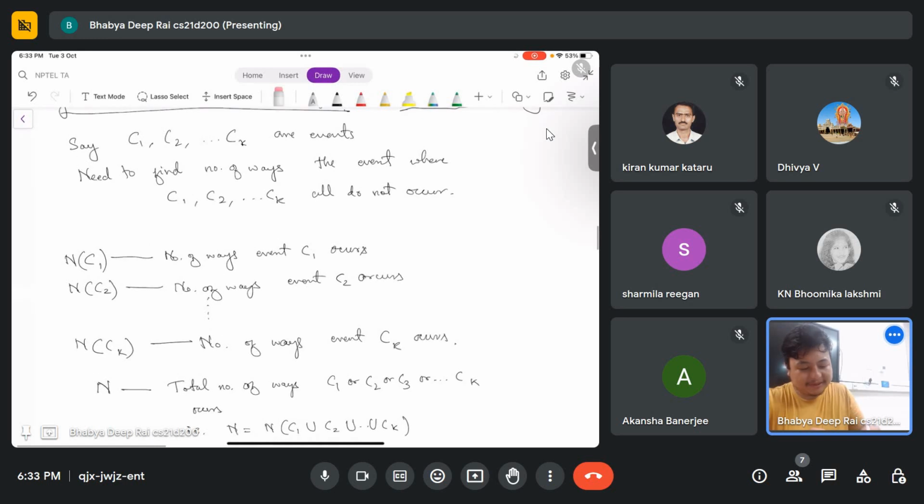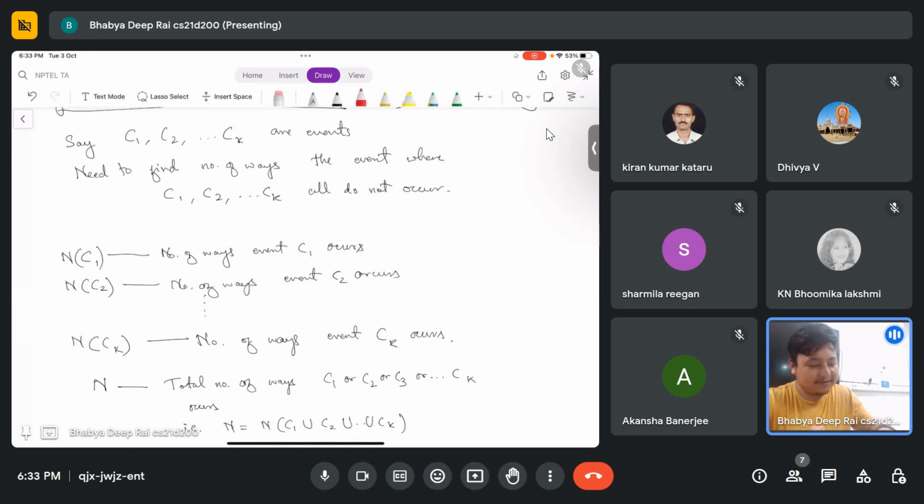So let's look at the generalized inclusion exclusion principle. Let's say C1, C2 till Ck are events. An event is whether some particular incident occurs or not. And we need to find the number of ways that the events C1, C2, Ck will not occur.